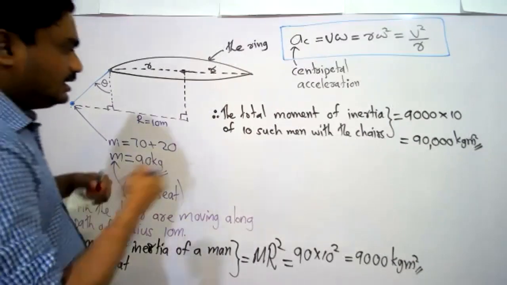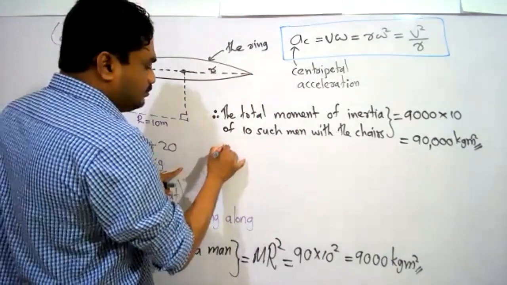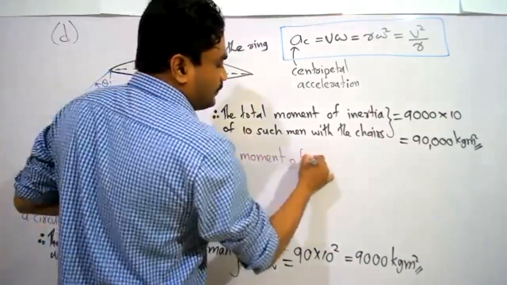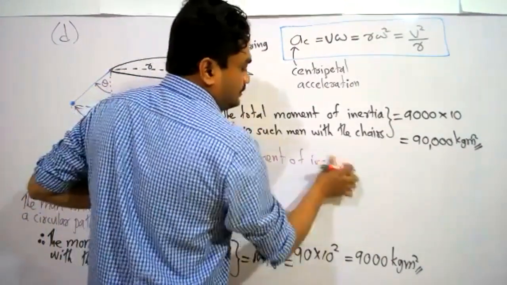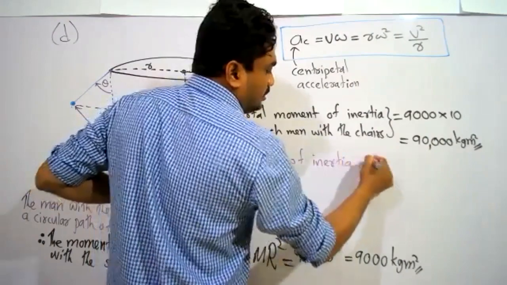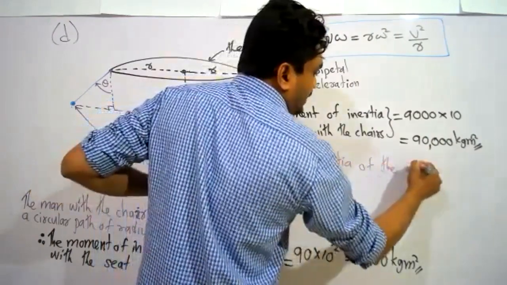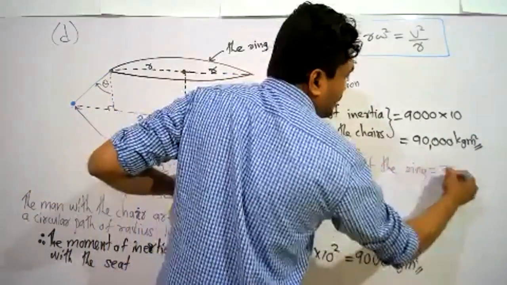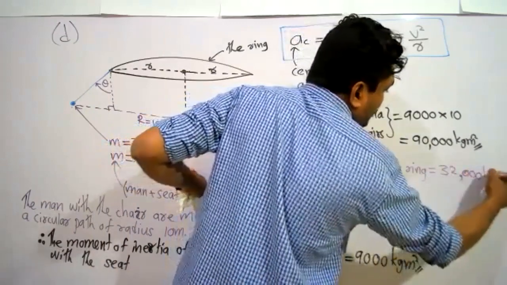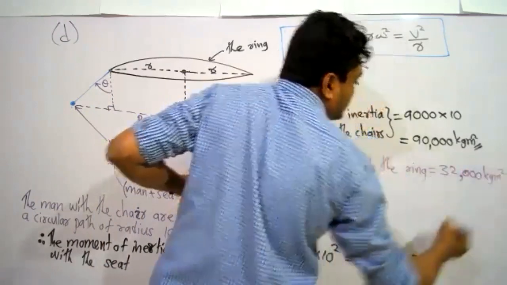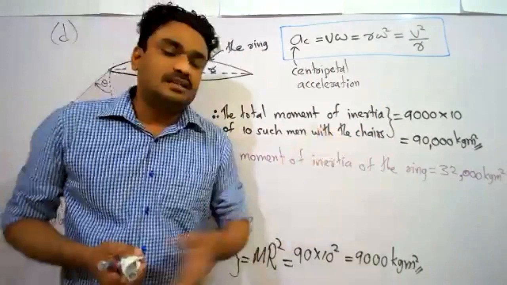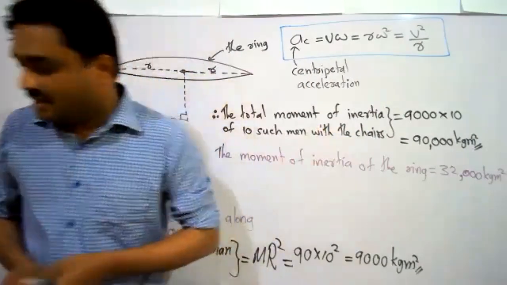So the moment of inertia of the ring without the humans is 32,000 kg m squared.